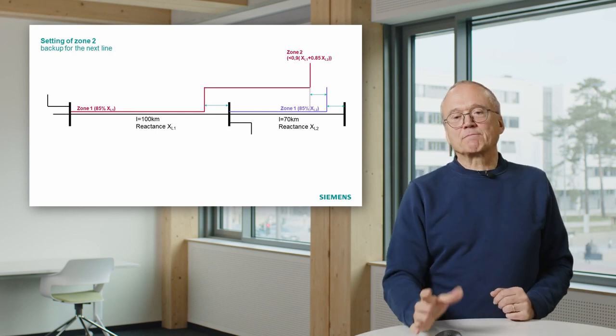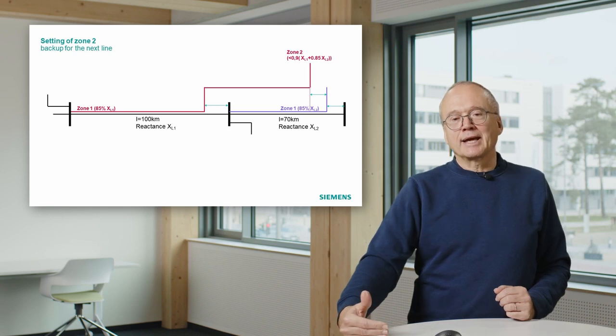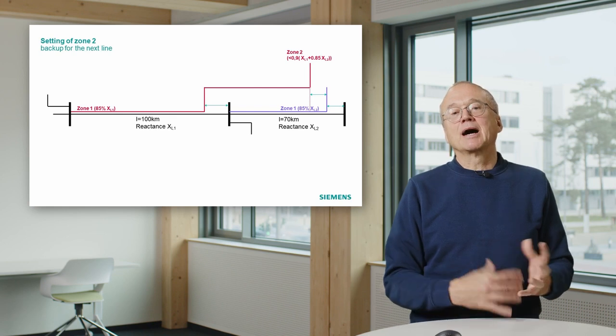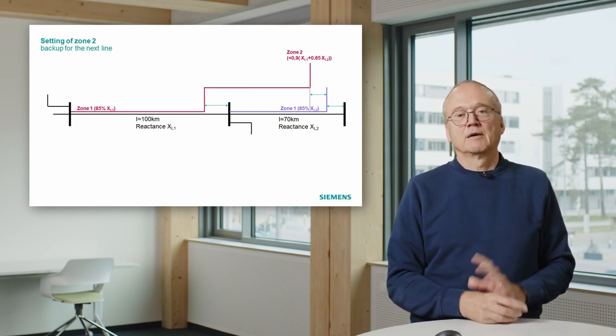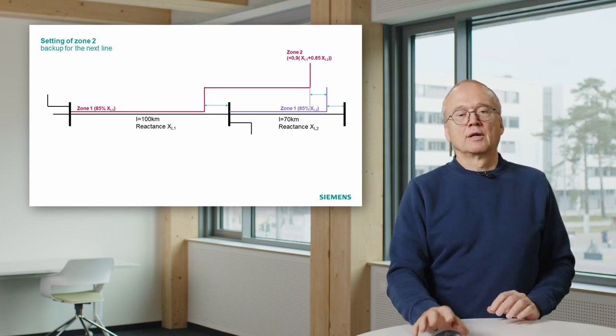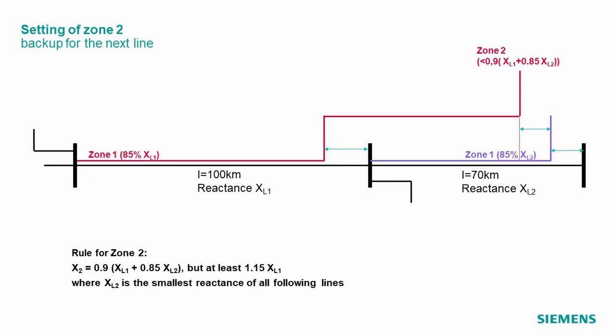Also there you must be careful, you must keep a certain distance to the end of the zone 1 of this line, as indicated there on the right hand side, otherwise you will get conflicts with selectivity. But at least with that you can do a backup of a significant percentage of that line.